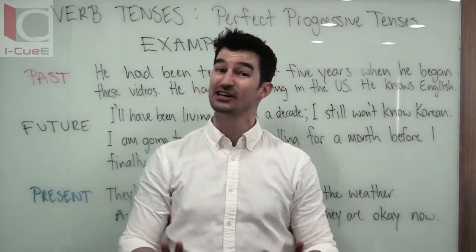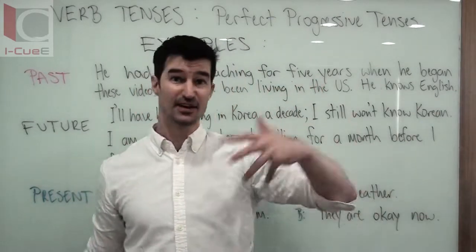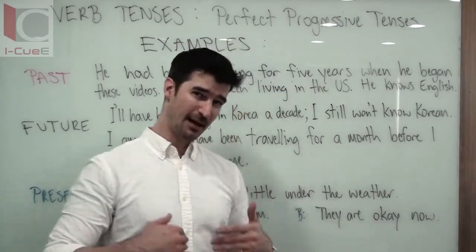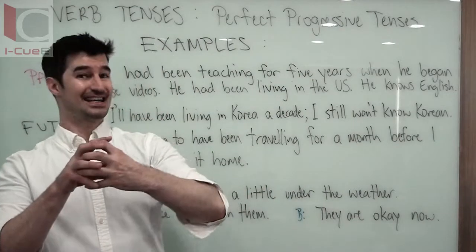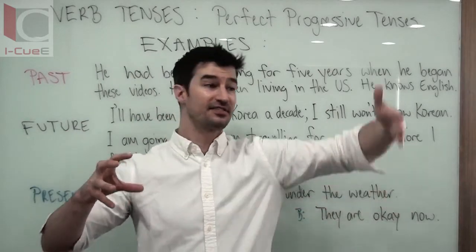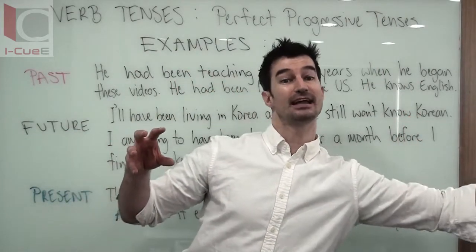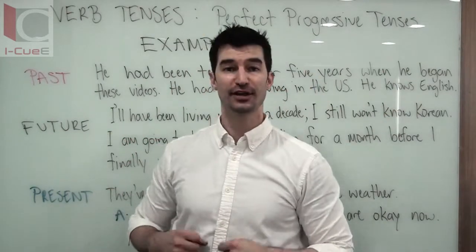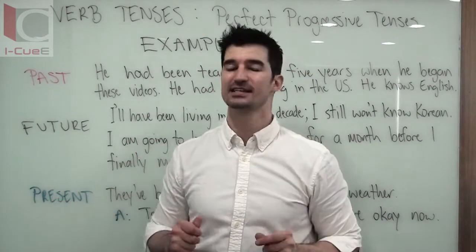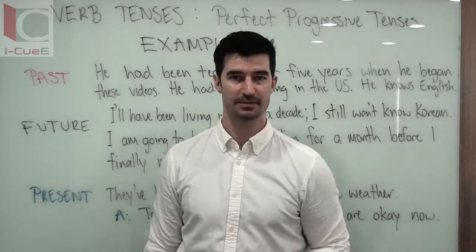Now that doesn't necessarily mean my traveling has come to an end, because I may be leaving home at another future time, but I'm just giving an idea of that itinerary or that plan. I'll have been traveling for a whole month when I finally make it home. And then maybe at some point after that, I'll be returning to where I began. We don't necessarily know. All we know is that my month-long action will have been interrupted.